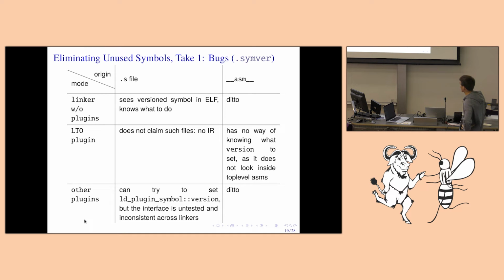But it has no way of knowing what version in the struct to set, because the compiler doesn't really know this information. It doesn't really parse or look this deeply at inline assembly, and so it breaks. As Martin showed yesterday at the LTO BoF, there's PR 48200 in GCC Bugzilla exactly about this bug.